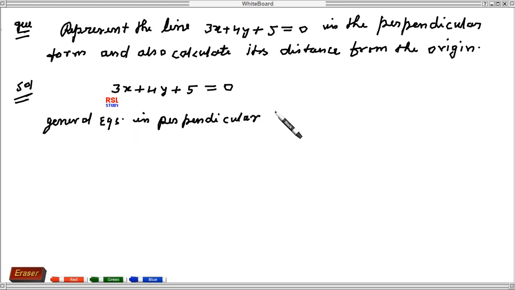With the help of under root 3 square plus 4 square, we will divide the whole equation throughout. The general equation in perpendicular form is x cos alpha plus y sin alpha equal to p, meaning we have to represent this equation in this format.